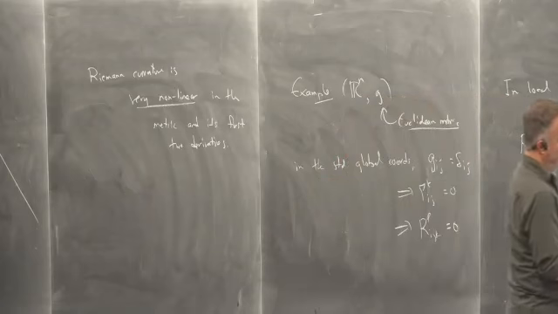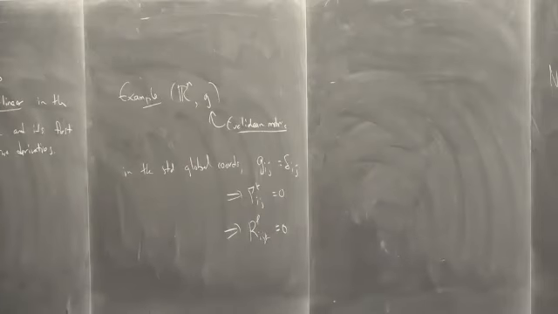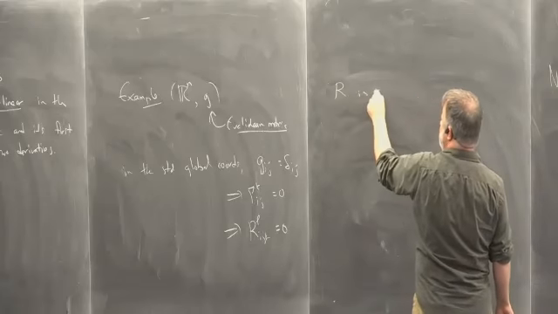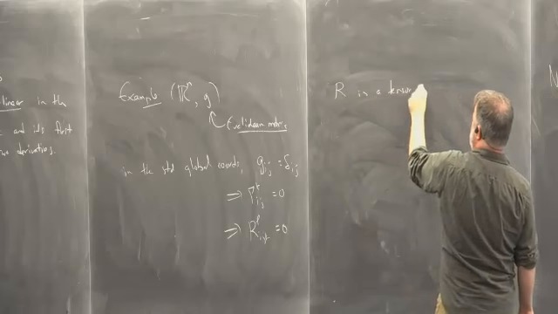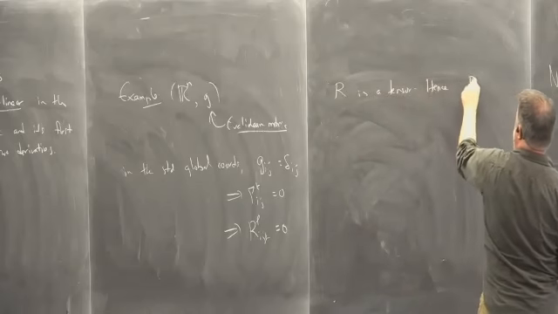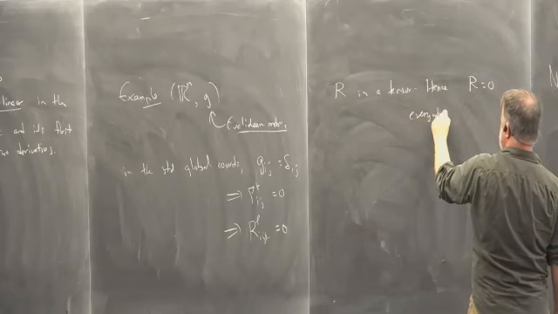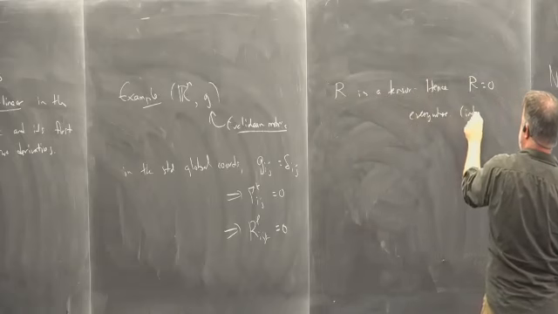Okay, and the Riemann curvature is a tensor. So I computed it in this coordinate chart, and I found that it's 0 at every point. Well, that means it's 0 independent of any coordinate chart. So R is a tensor, hence R equals 0 everywhere, independent of coordinates.